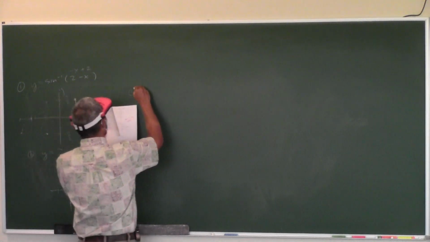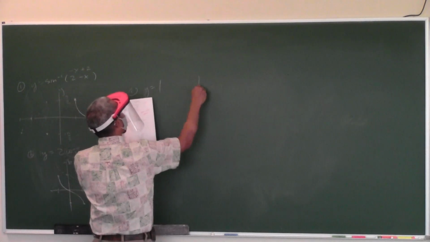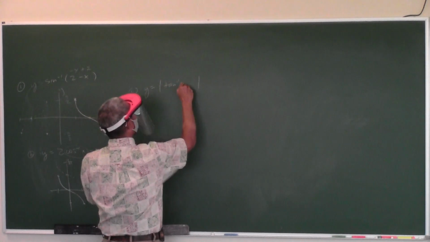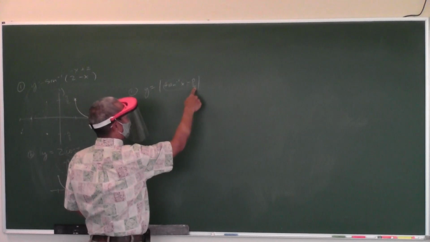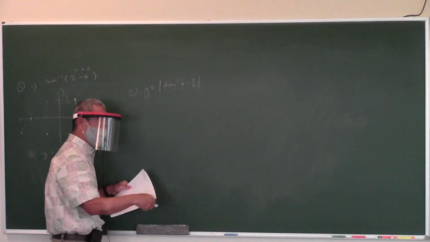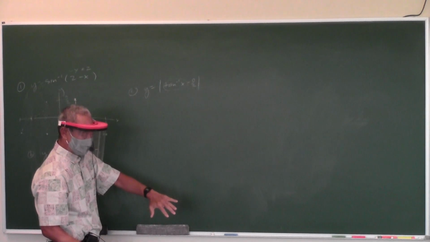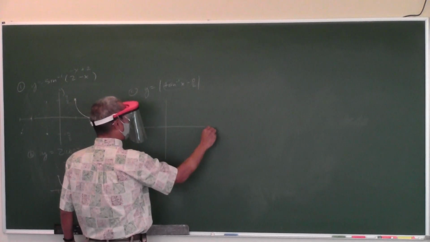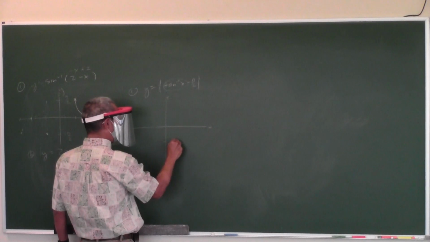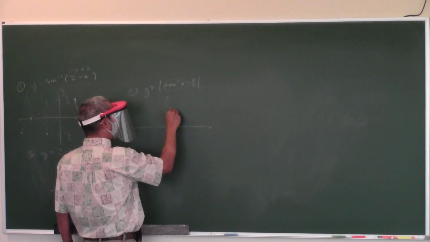C. Okay, so the base graph is this. Then you shift it down pi over 2, and absolute value on the whole thing means everything below the x-axis gets reflected above, right? So first you got to start with the base graph. So -pi over 2 to pi over 2.